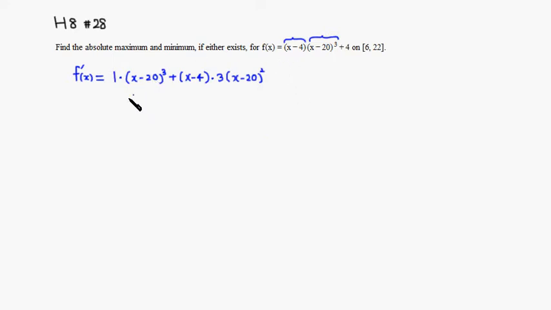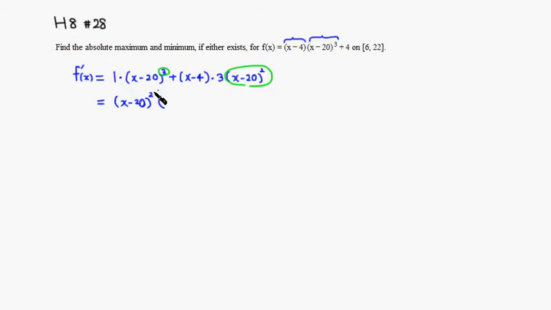Then the next step would be to factor out the common factor. So you see that there's quantity x minus 20 squared. There are actually 3 of them here, so I'm going to circle this so that I know there's another x minus 20. So factor out quantity x minus 20 squared. Then we just collect the leftover terms.